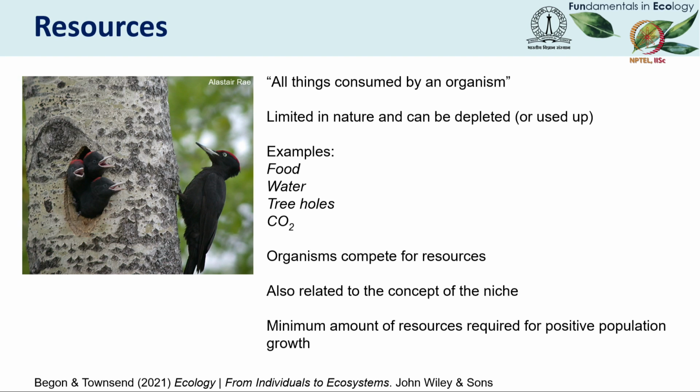If the population growth rate is greater than 1, then population size is increasing. And so wherever a species is found and remains at some kind of either stable or positive population growth rate depends on how much of the resource that it requires is available. So species are distributed in regions, in areas of space and in time where those resources are available at that minimum level required to maintain positive population growth.